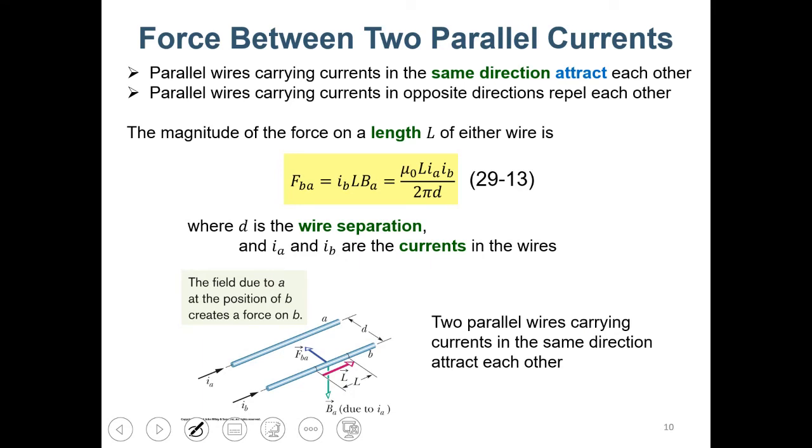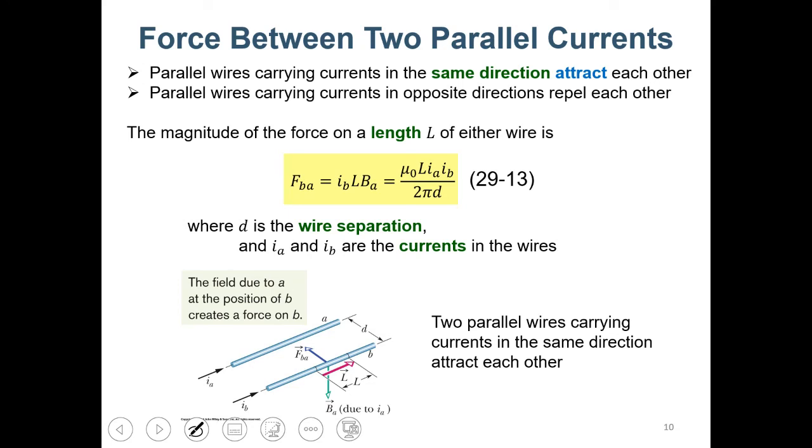Okay, so next we talk about the parallel wire, the force between two parallel currents. Because in the previous chapter we know that if we have a magnetic field and a current wire, there will be a force acting on the wire, if the current direction is not the same as the magnetic field direction.